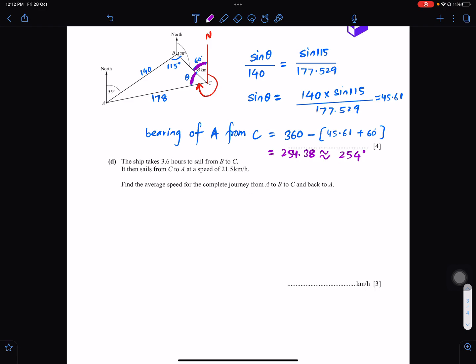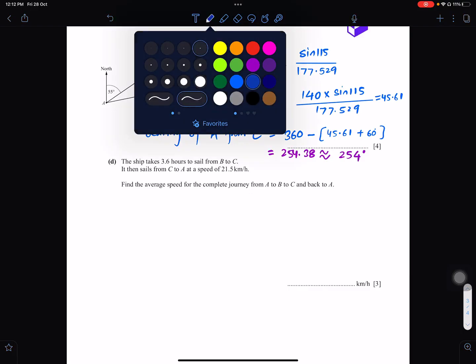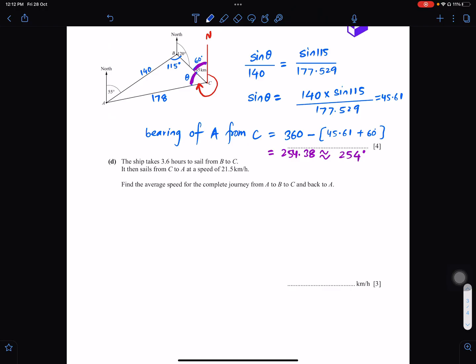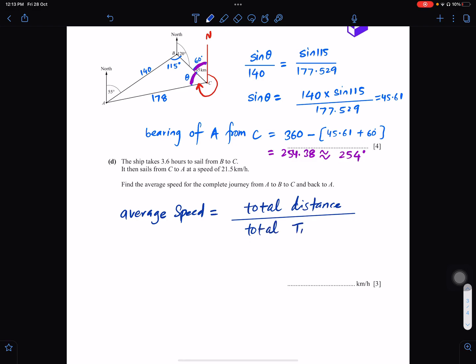Find the average speed of the complete journey from A to B, B to C, and then back to A. Alright, so the average speed has to be considered to be the total distance of the entire journey over the total time taken.